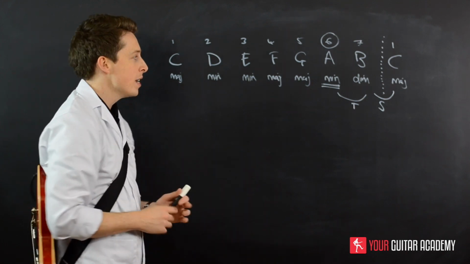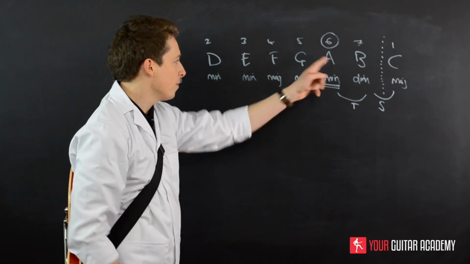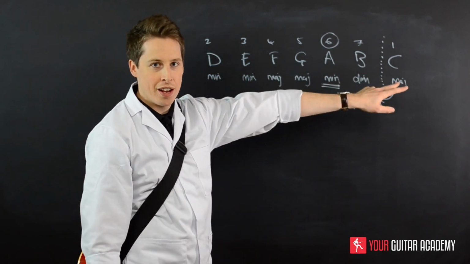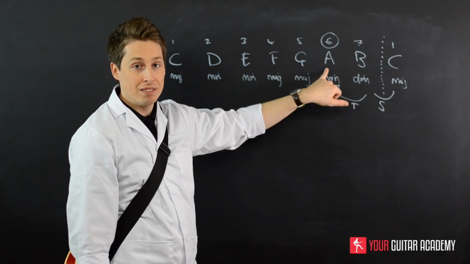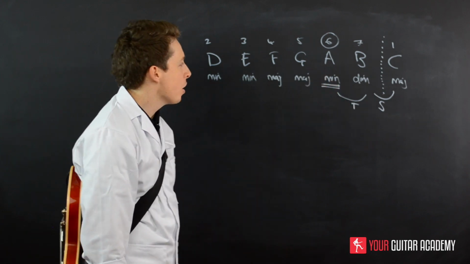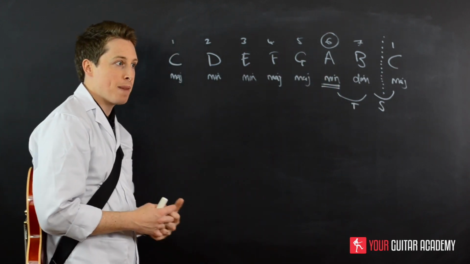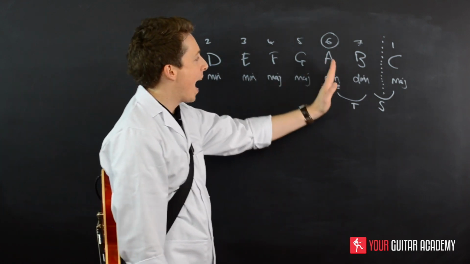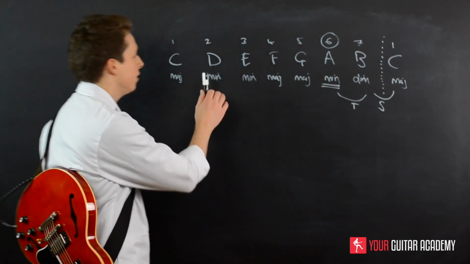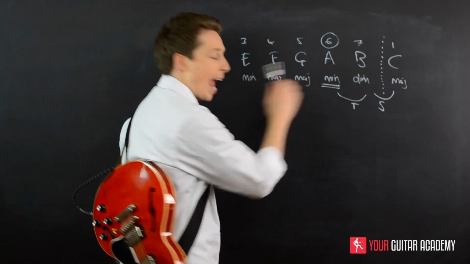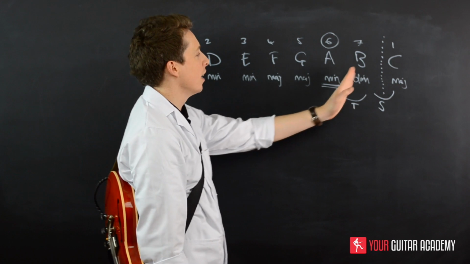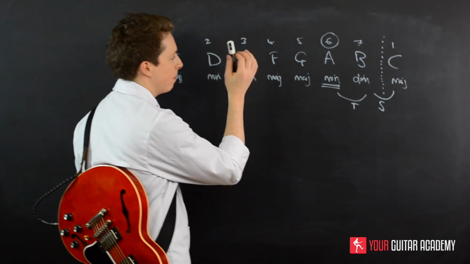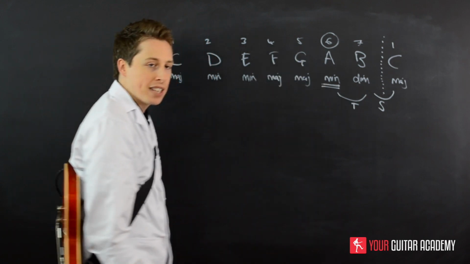So what I mean by that is that the key of A minor is identical to the key of C major, except it starts on A. Simple as that. So my A minor key, my scale or my harmonized scale, my chords will go A, B, C, D, E, F, G, and A. And the chords will be A minor, B diminished, C major, D minor, E minor, F major, G major, and then back to A minor.